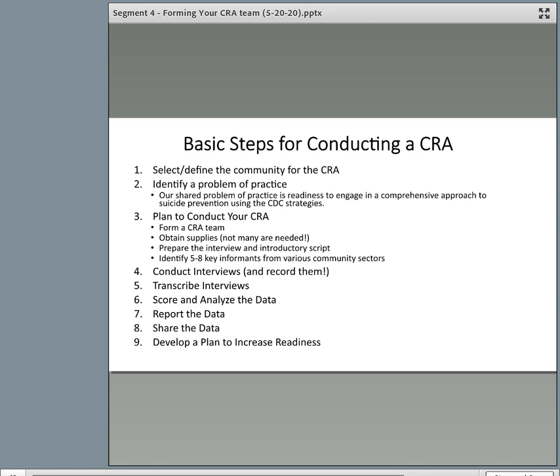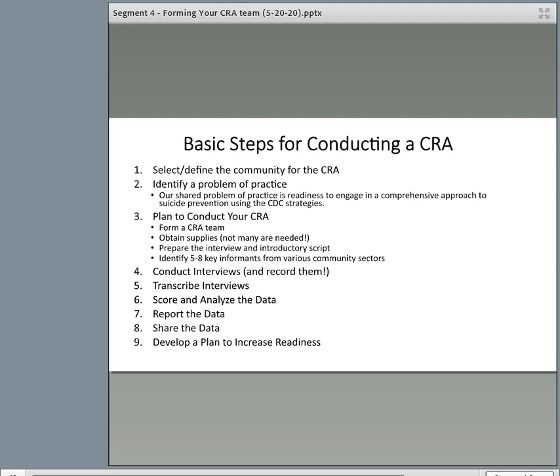Before we focus on the team, let's talk about the basic steps for conducting a community readiness assessment. That first step really is to select or define the community for the community readiness assessment. We've worked through that in previous segments. We've talked through that our shared problem of practice is readiness to engage in a comprehensive approach to suicide prevention using the CDC strategies.